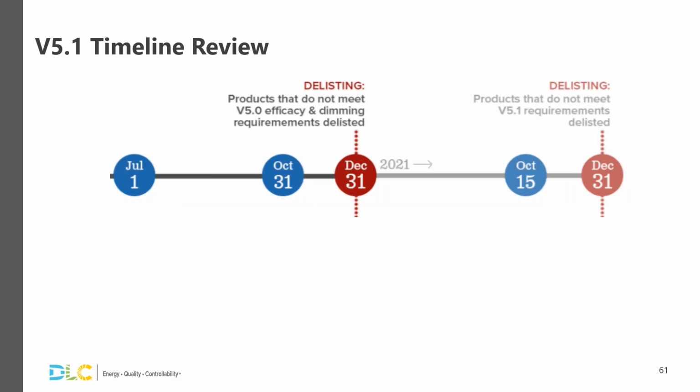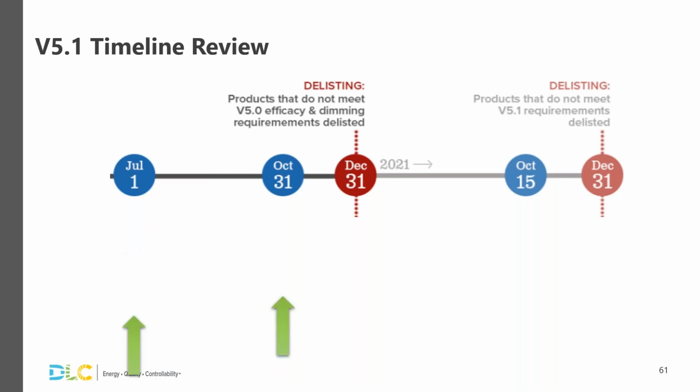Now I will go into more detail on the version 5.1 timelines. As of July 1st, 2020, version 5.1 new product applications will be accepted. Manufacturers may continue to submit products for qualification under version 5.0 through October 31st of 2020.